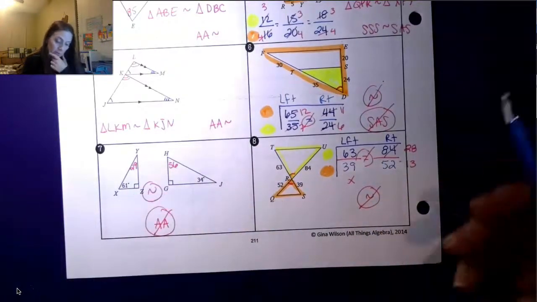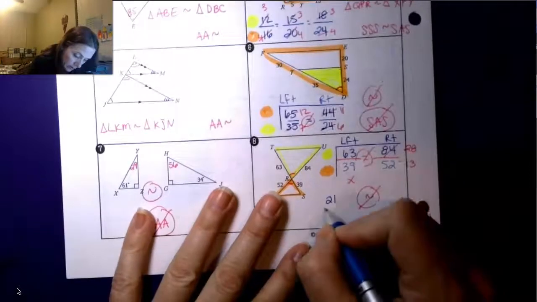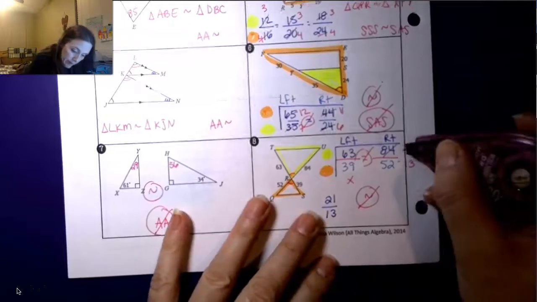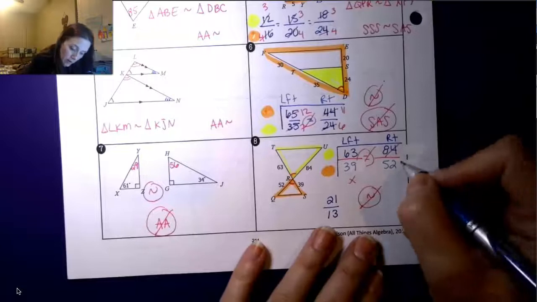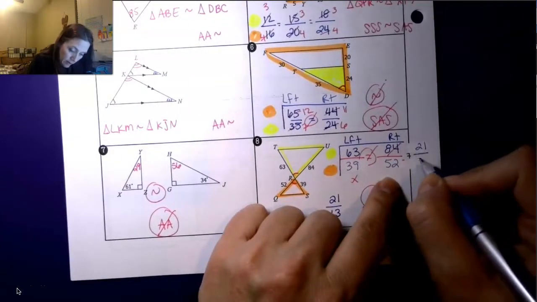Let's see if those simplify. Divide by 3, I would get 21 over 13. And now if I divide this one over here by 4, I am going to get 21 over 13.